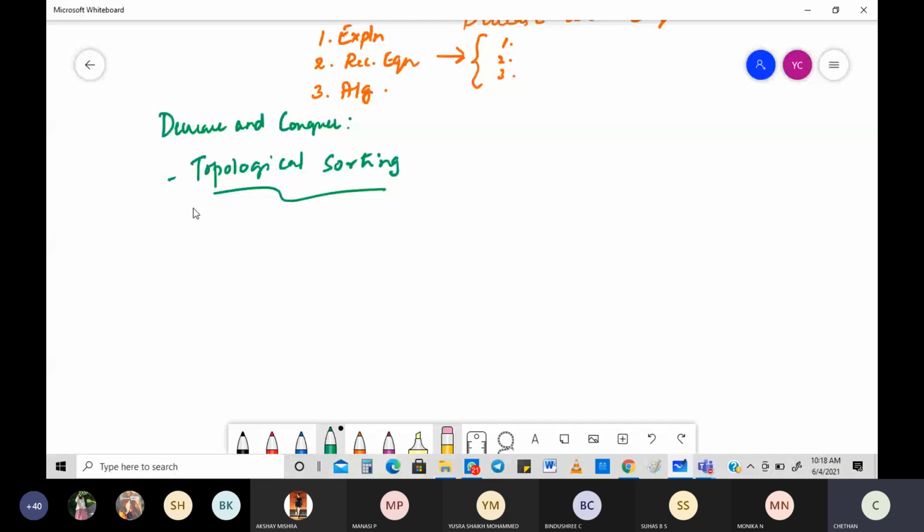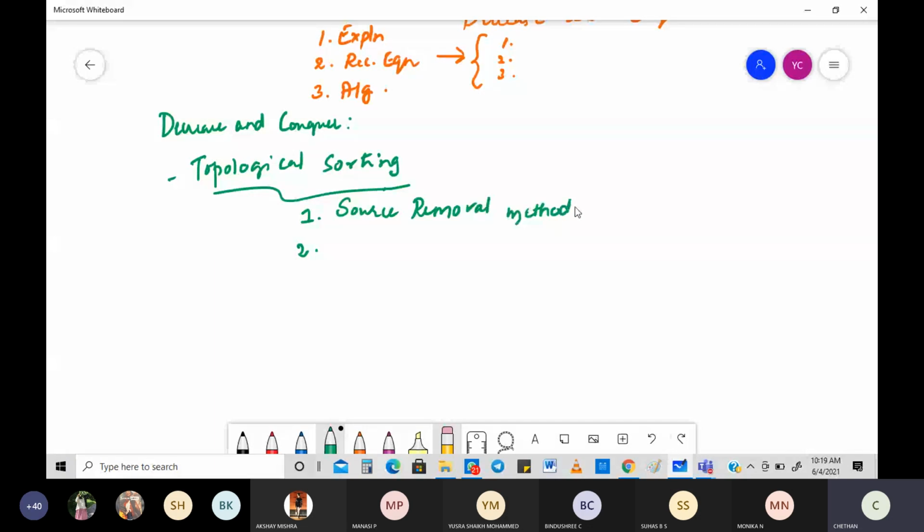Again, there are two methods for doing this. You're going to learn both the methods because they are not prescribed which method is to be followed. The simplest method that you can use, the first one, is known as the source removal method. That's something you have to keep in mind.